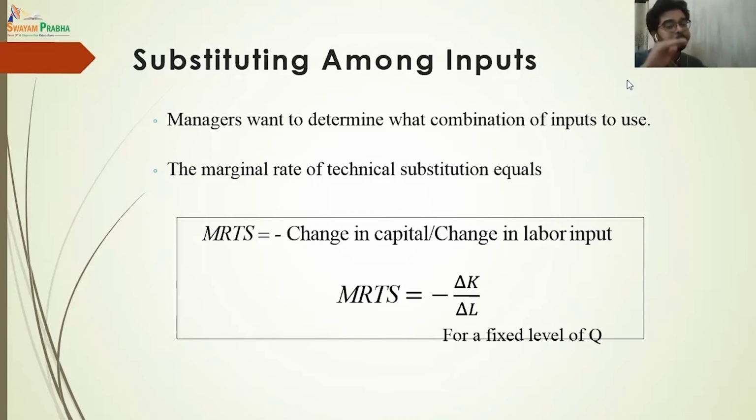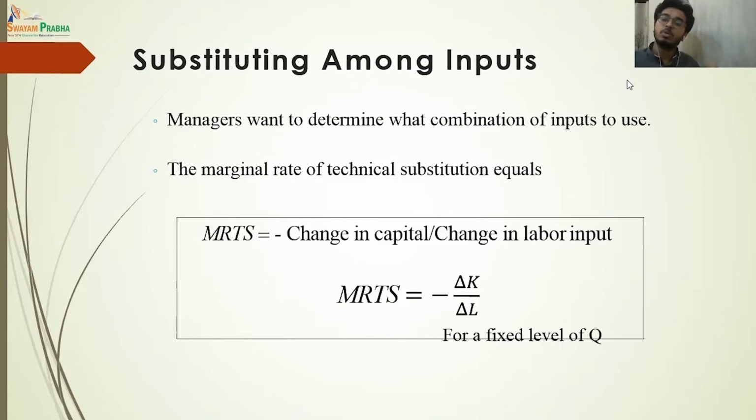So let us see. Minus, why minus? Because for a particular level of quantity, if we are trying to keep the quantity the same, when I am increasing labor, I need to sacrifice capital. Otherwise, if I keep capital similar and just increase the labor, I will move to the next isoquant, right?